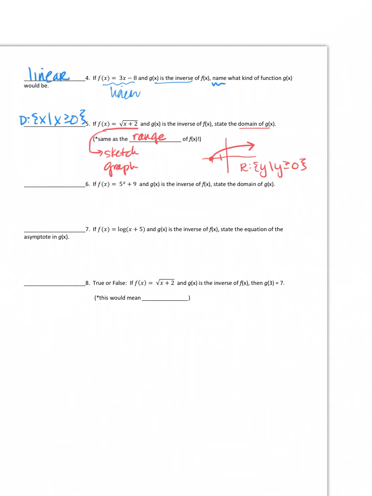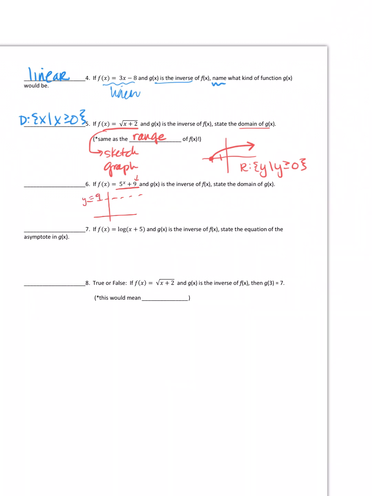Let's look at number 6. If f of x is 5 to the x power plus 9 and g of x is the inverse, state the domain. So again, I'm going to sketch this graph. Now, exponentials, remember, have an asymptote. And that asymptote usually is where y equals 0, but it's moving up 9. So I know that asymptote has to come all the way up here. So this is y equals 9.